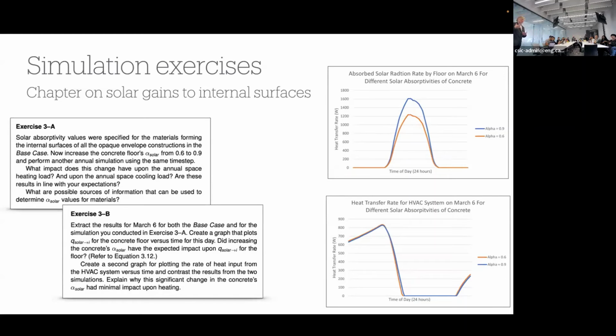So we have a discussion then, and usually students will contribute to those discussions and understand, well, why does increasing the absorptivity increase the amount of solar absorbed on the floor, but has virtually no impact on the building heating load? And they'll come to the realization that it doesn't really matter so much in most buildings which surface absorbs the solar energy.